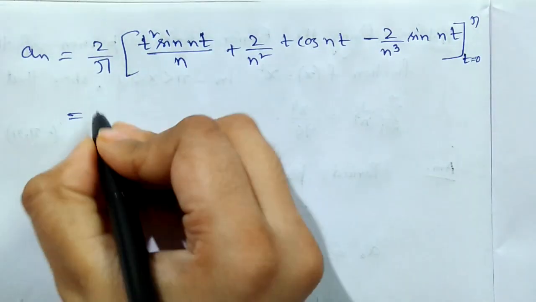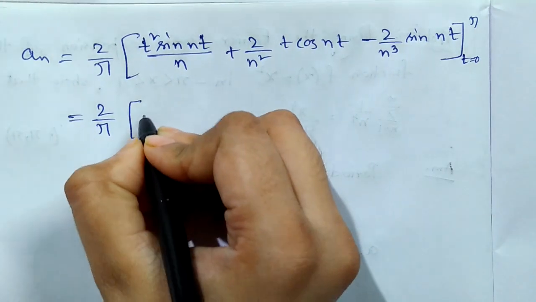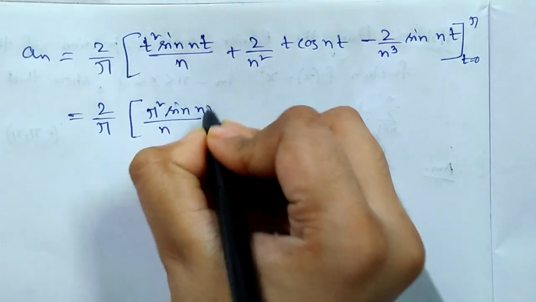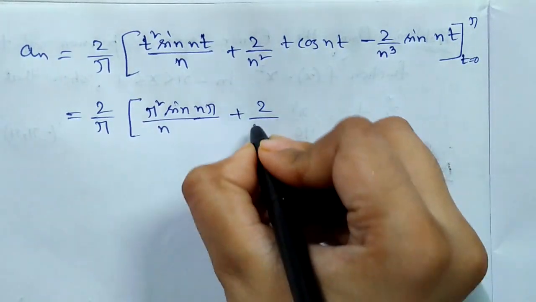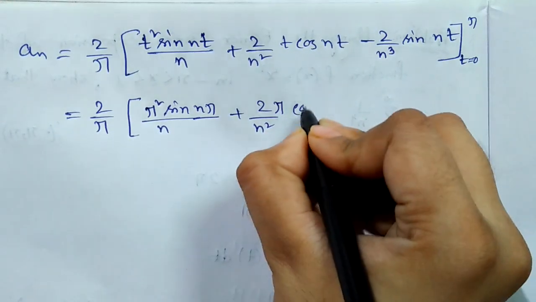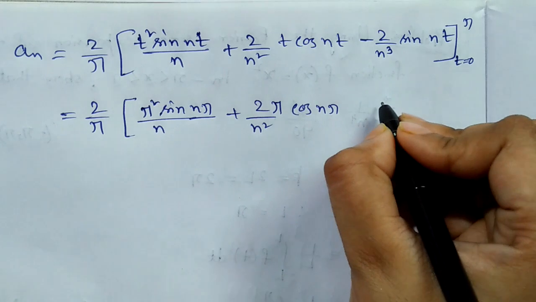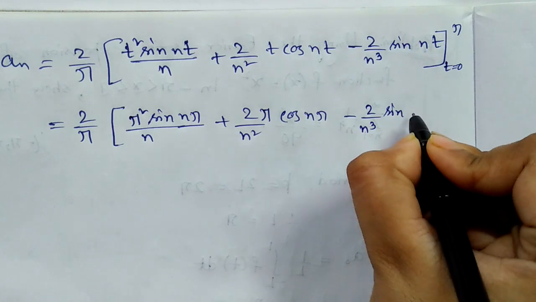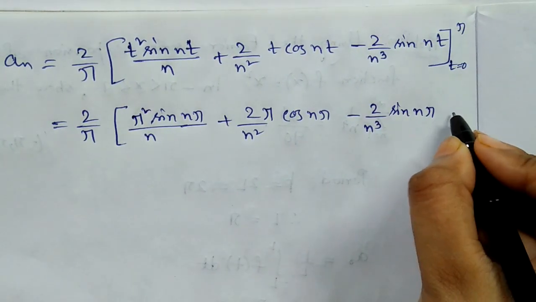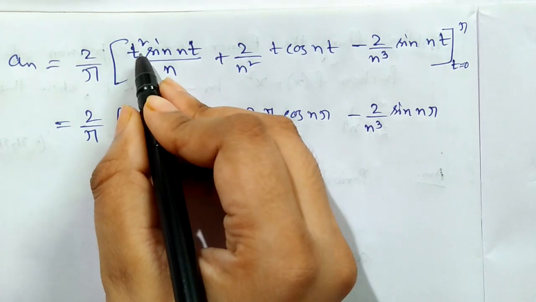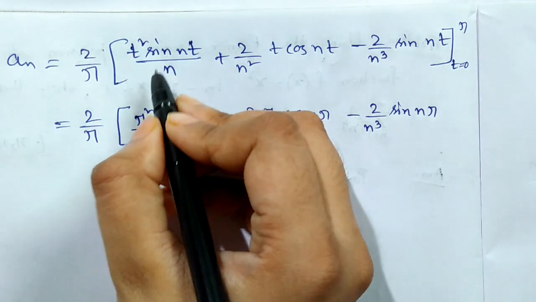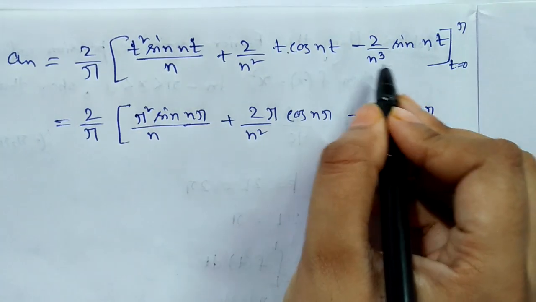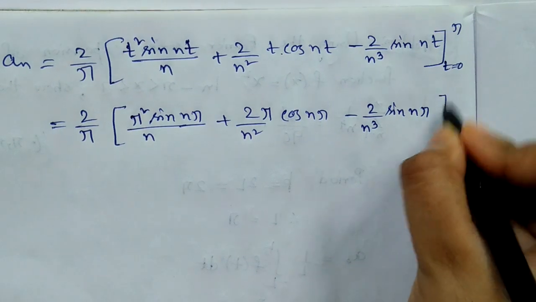So 2 by pi square by n sin n pi plus 2 by n square pi cos n pi minus 2 by n cube sin n pi. Now minus 0, if we put 0 in the first portion, this will be 0, this also 0, sin 0 is 0, so minus 0.